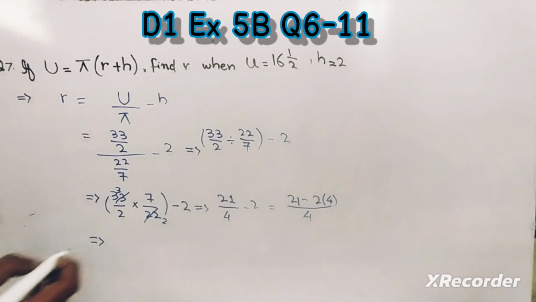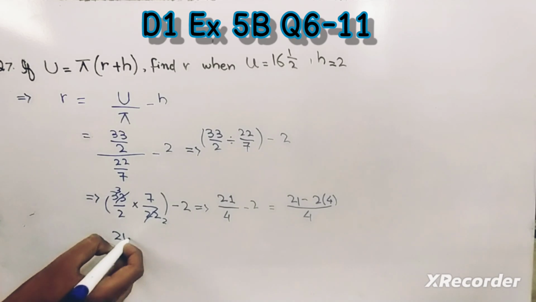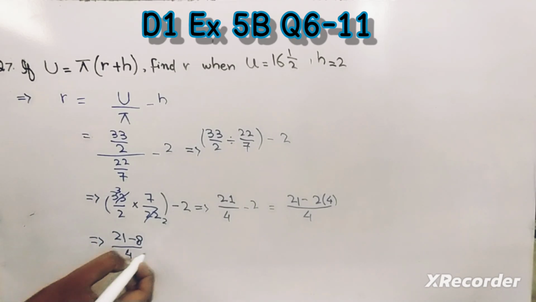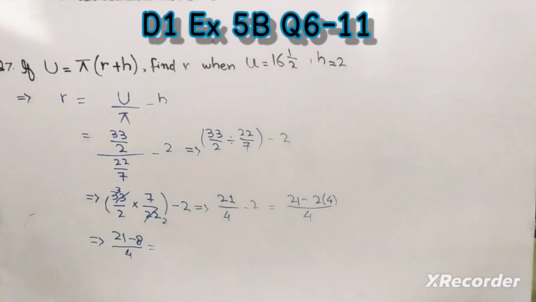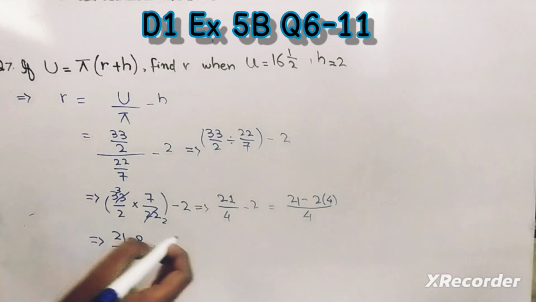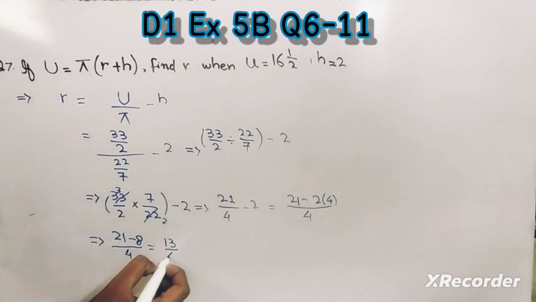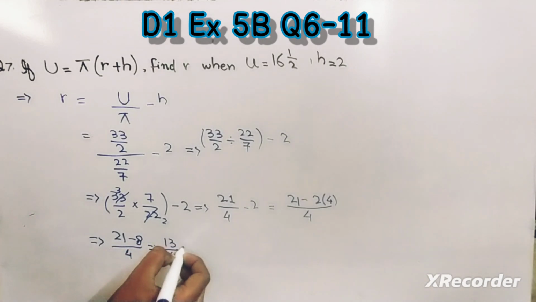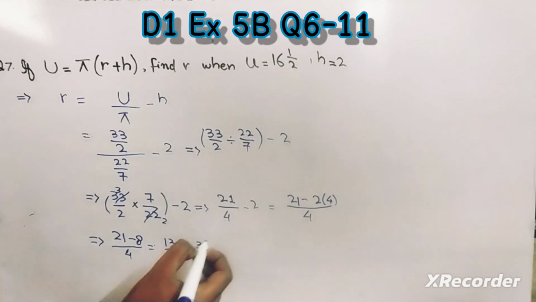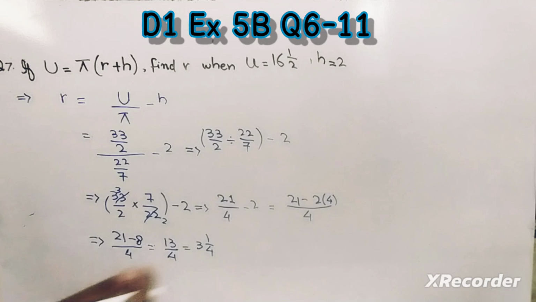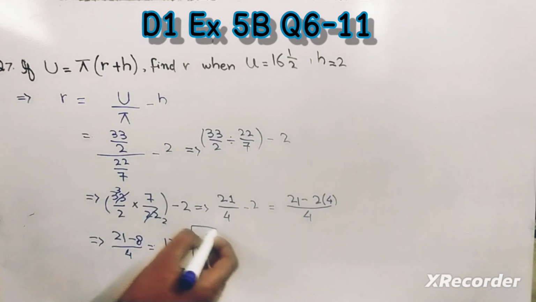So what we get is 21 minus 8 upon 4, which is 13 upon 4, or we can write it as 3 1 upon 4. So our r will become 3 whole 1 upon 4, and that is our required answer.